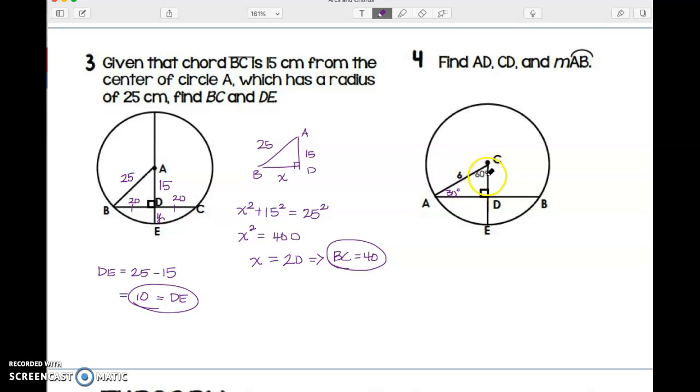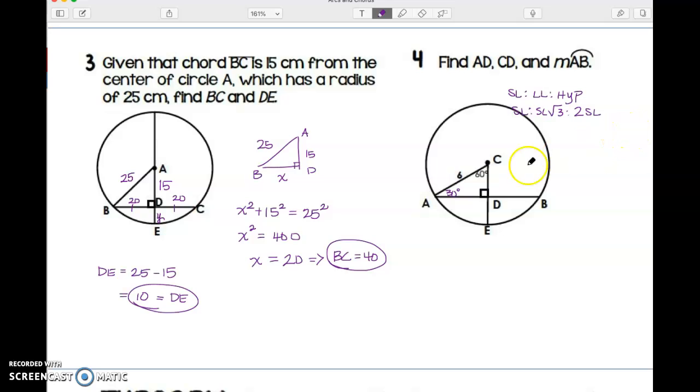So for the first part, I'm going to use my right triangle rule, which says for a 30, 60, 90, we have a short leg, we have a long leg, and we have a hypotenuse. So it might have been a little while since you've looked at this, but we take the length of the short leg and we multiply it by radical 3 to get to the longer leg, which is across from 60, and the hypotenuse is 2 times the length of the short leg.